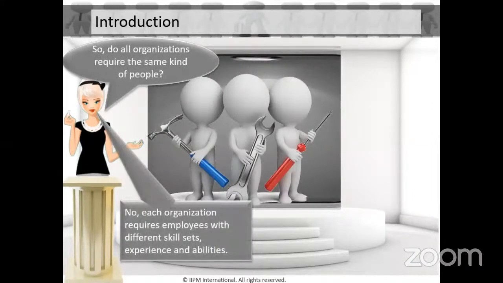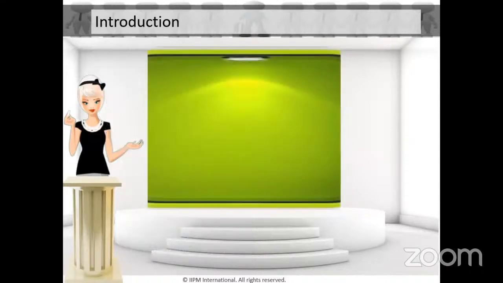So there's a question, do all organizations require the same kind of people? The answer is absolutely no. Each organization requires employees with a different skill set, experience, and abilities. I've said this before, right?